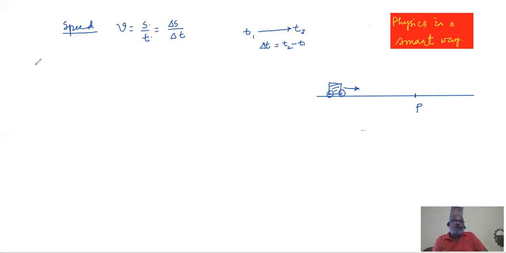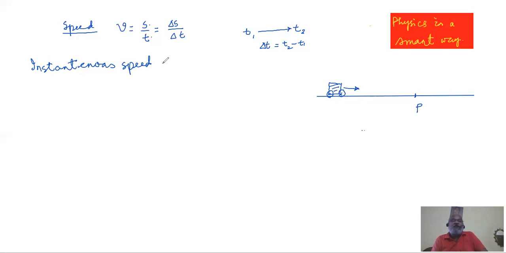But there is a term known as instantaneous speed. You can use that also for instantaneous velocity, but because velocity involves some vectors, I don't want to complicate it. Our basic need is to get our ideas clear on the issue, so we don't make it complicated.